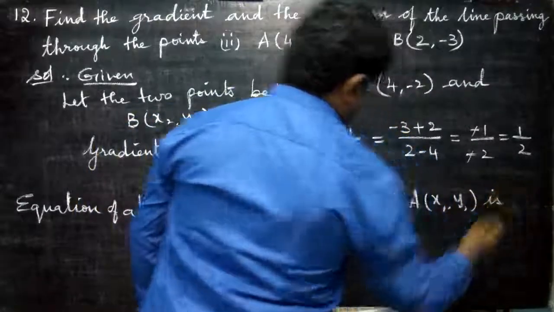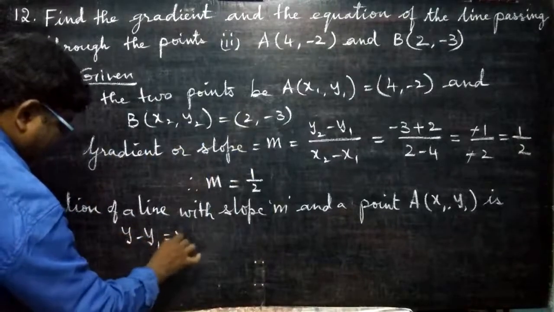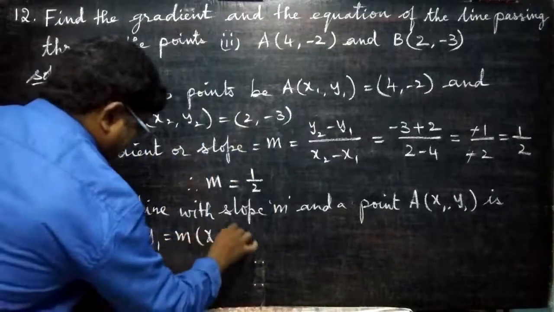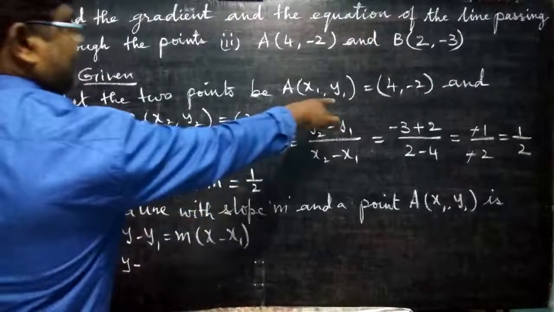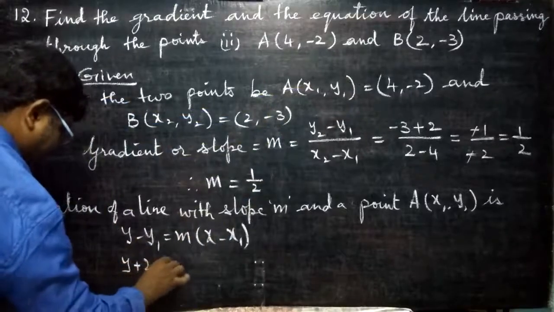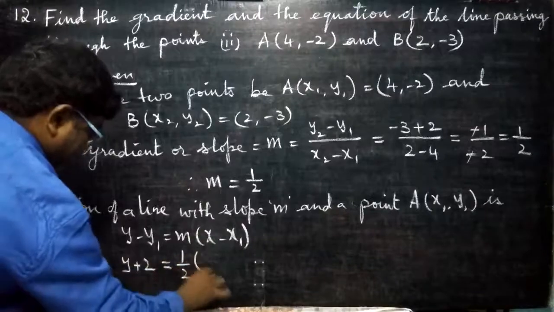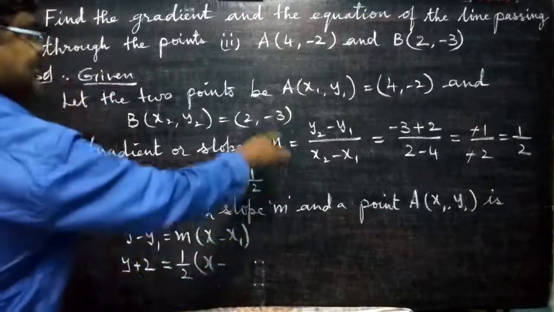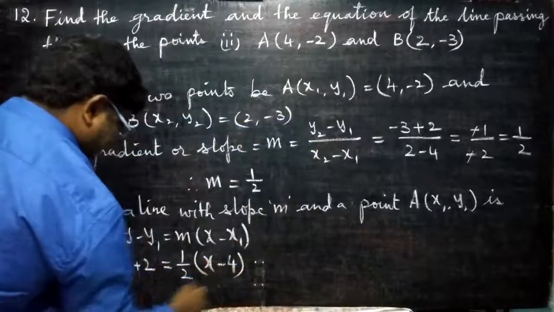You know the formula, y minus y1 is equal to m into x minus x1. Y minus y1 plus minus 2 is there, minus to minus plus, so plus 2 is equal to m. Just now you got how much? You got 1 by 2 into x minus x1. x1 is 4. Write that 4 here.